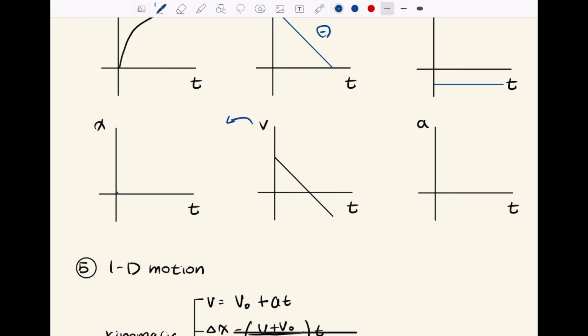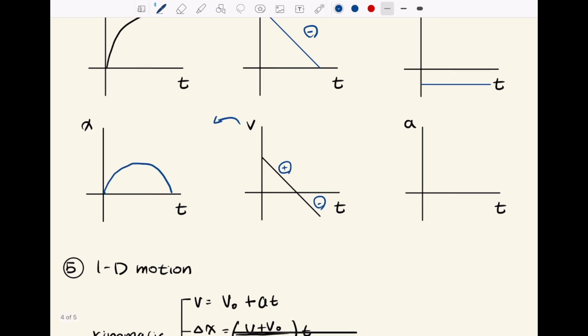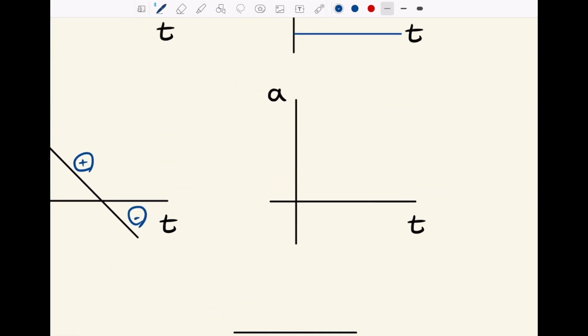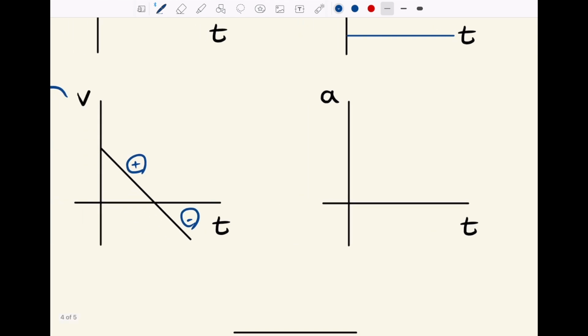Because the slope is always decreasing, but is positive in the first half and gets negative, the position time graph would look something like that, like a semicircle. So the slope is decreasing, but it's still positive until halfway, and it's decreasing from there on. And the slope of this is still negative, so the acceleration time graph will look something like that.